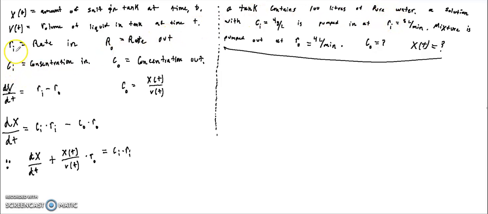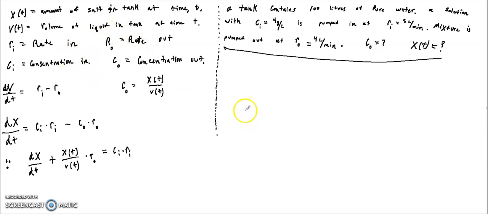Now we have Ri, Ro, Ci, Co. Ri is the rate in. At what rate, how fast, is water being pumped in? And this water may have sugar or salt in it. It can have a concentration, or it may not. Ro is what's being pumped out.